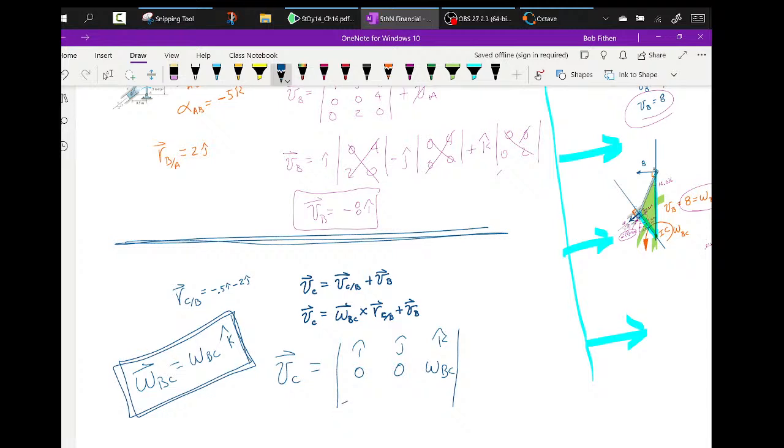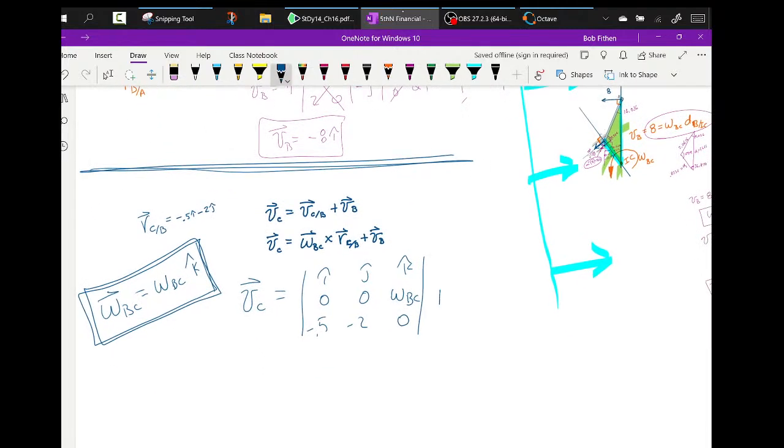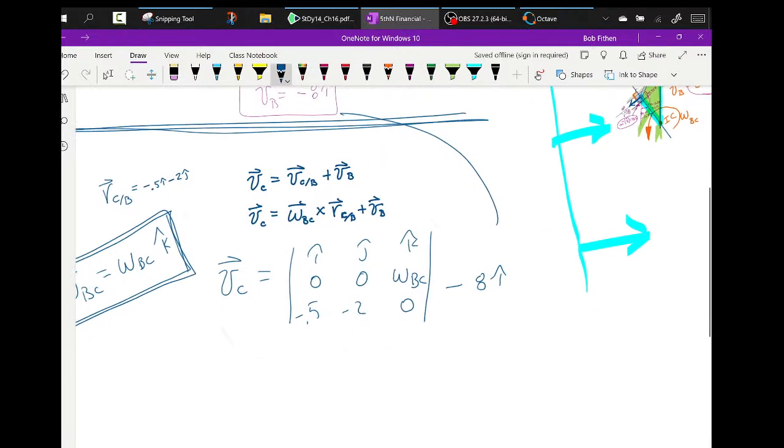Now over here you get minus 0.5, you get minus 2, you get nothing. And then guess what you get? Minus 8i. Now, I know there's no k component from this, so I'm going to shorten this a little bit.